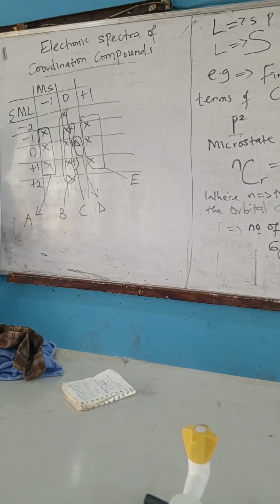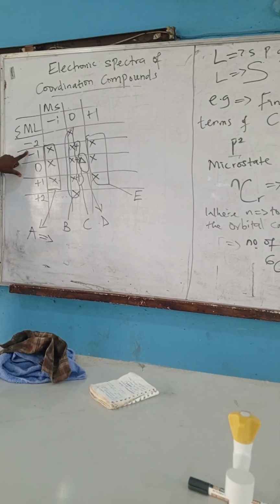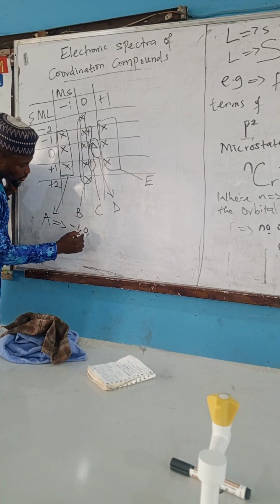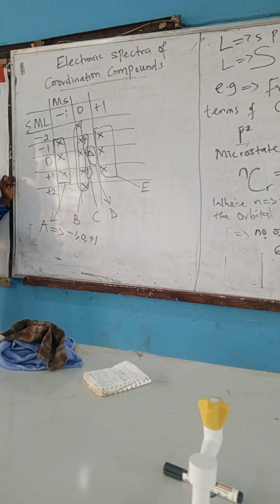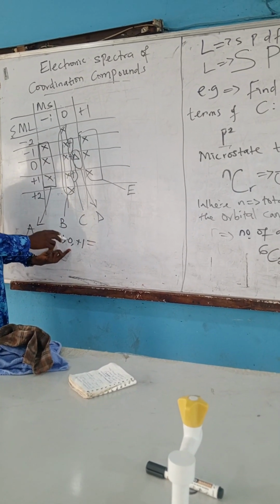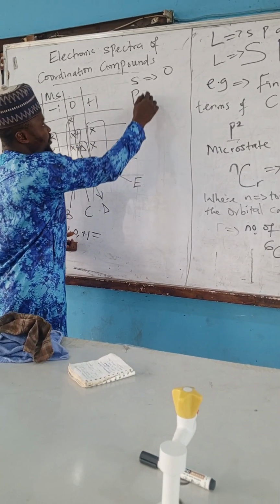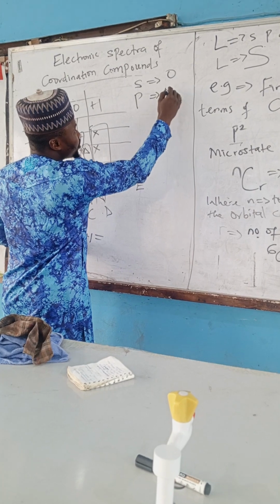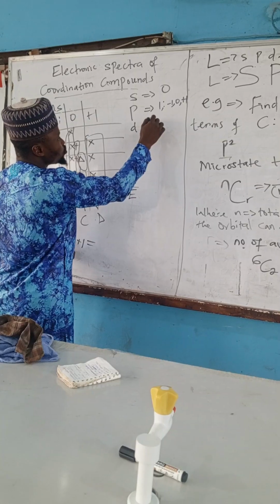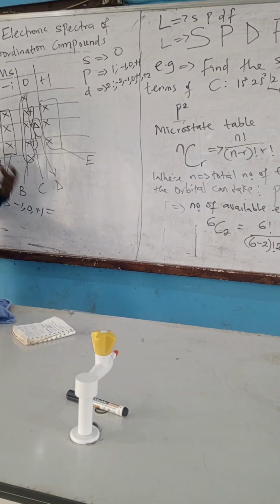For class A, the ML range is from -1, 0, +1. That's what an orbital gives. When you have the magnetic quantum number, S is 0, P is 1 with -1, 0, +1, and D is 2 with -2, -1, 0, +1, +2, and so on and so forth.